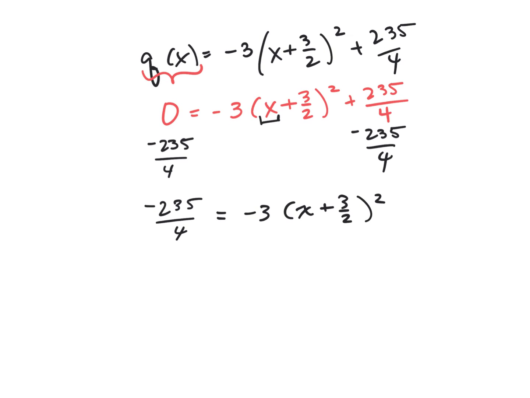All right, and so to continue on, we're going to divide both sides by -3. So on the right side, you can see those cancel. We're left with (x + 3/2) squared.